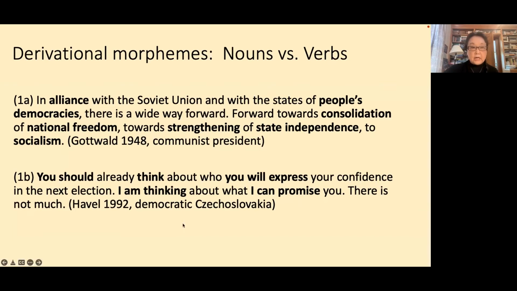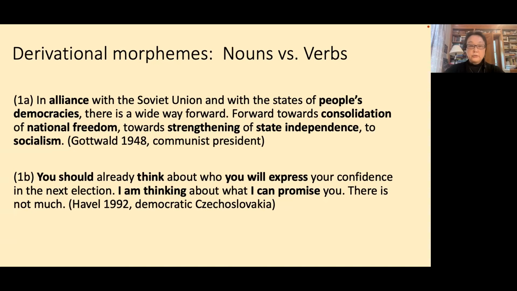It's not clear. If you look at Havel here, 1b, this is very different from Gottwald's speech. You notice that it's rife with finite verb forms. In Czech, you don't see pronouns, but by looking at the verb forms, you can see who is doing what.